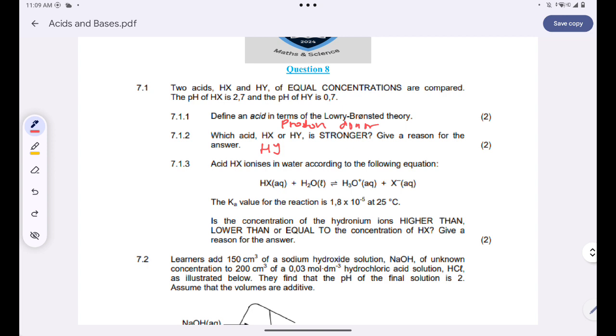Since my ionization constant, guys, is not greater than 1, it simply means that my acid HX did not ionize completely, which simply means that the concentration of HX is greater than the concentration of the hydronium ions. Are you together? So in this case, we'll simply say that the concentration of the hydronium ions is lower than the concentration of the acid.